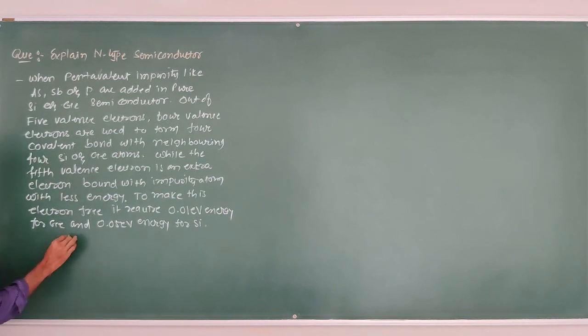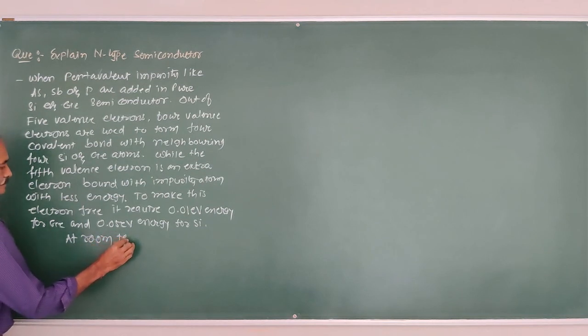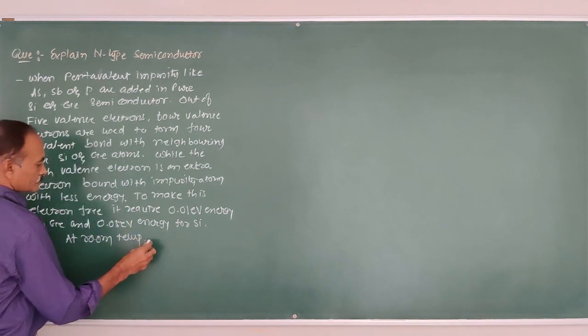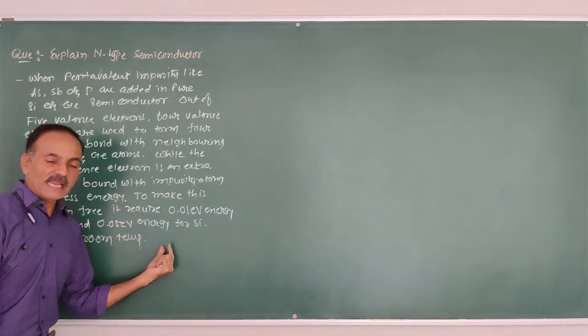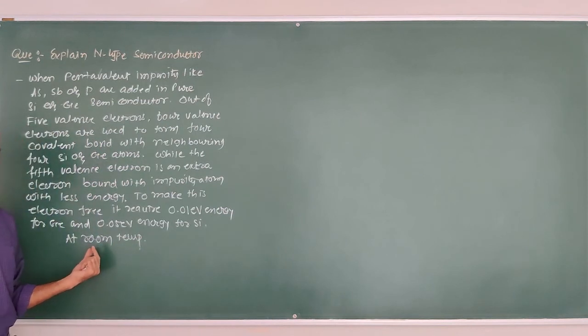At room temperature, silicon and germanium semiconductors have the band gap energy 0.72 electron volt for germanium and 1.1 electron volt for silicon.